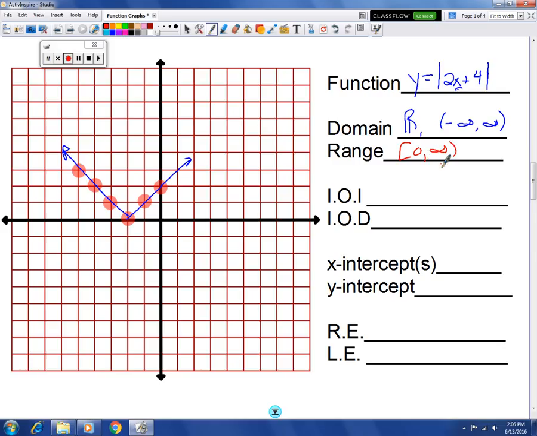Interval of increase starts at x equal -2. And let's see, the interval of decrease starts at -infinity. It stops at -2.